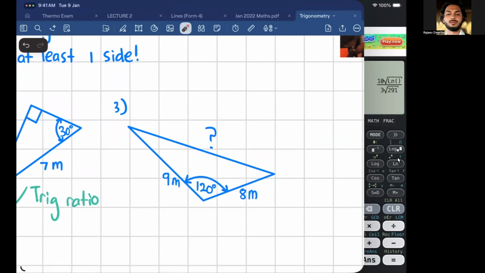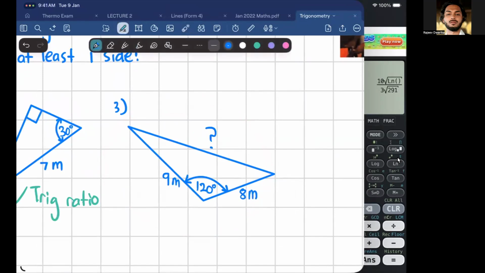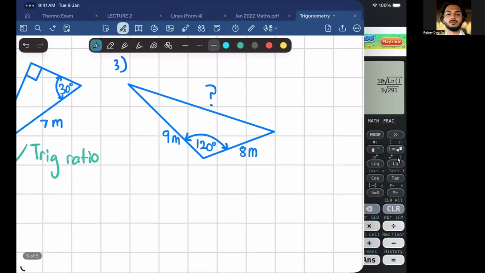You will use the sine rule or the cosine rule. So for this question, tell me once more, can we use trig ratios? No. Can we use Pythagoras theorem? No. Why is that?